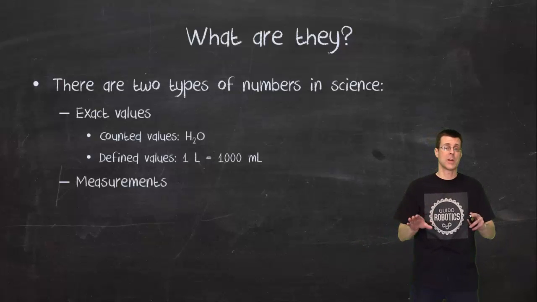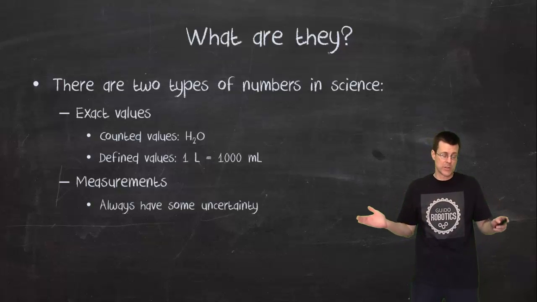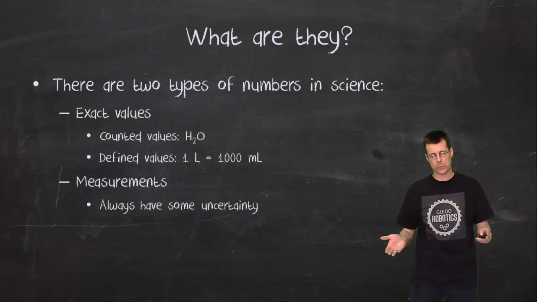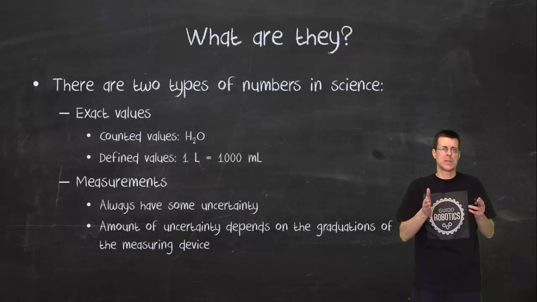However, we also have measurements, and measurements have a level of inexactness to them, or uncertainty is probably a better word for that. And what that means is, if I take a measurement, it's not going to be precisely a certain amount. I might report it as a certain amount, but there's always a little bit of uncertainty there. And the amount of uncertainty depends on the spaces in the measuring tool.